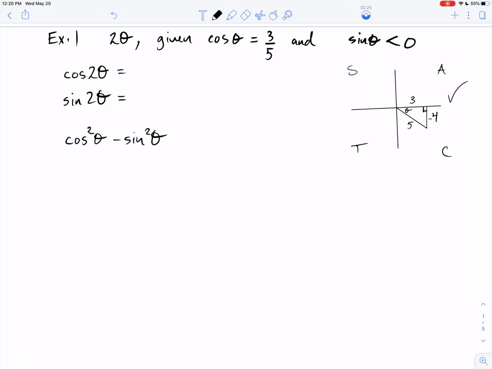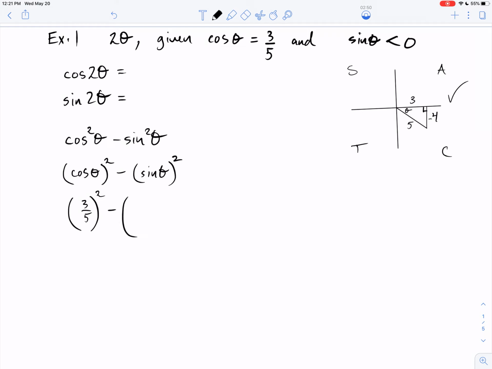And I also know that when they write cosine squared theta, what that really means is the same exact thing as this. Same thing goes with sine. Hey, didn't they already tell me what the cosine of theta is? It's 3/5. So I could just replace the parentheses with 3/5, and I could square it.